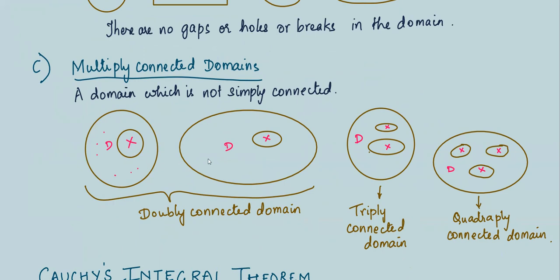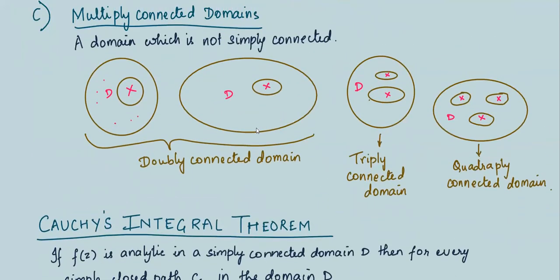So if there is only one region inside this whole outer region, then this is called a doubly connected domain. However, if there are two sub-regions within the overall region, and in these two sub-regions the function is not defined, then it is called a triply connected domain, quadruply connected domain, and multiply connected domain, like that.